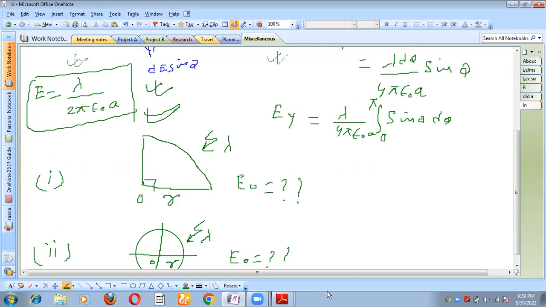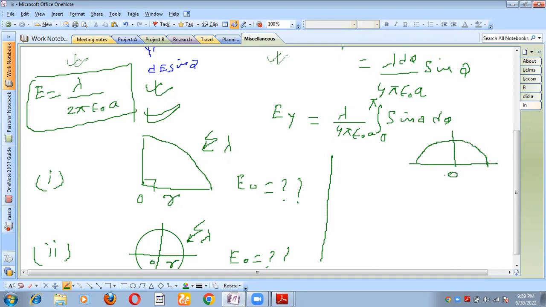Anyone got the answer? Should I solve it? See, we have calculated the electric field due to a semicircular wire at the center, right?